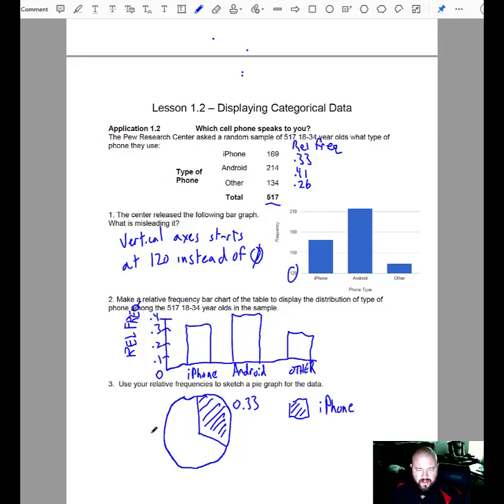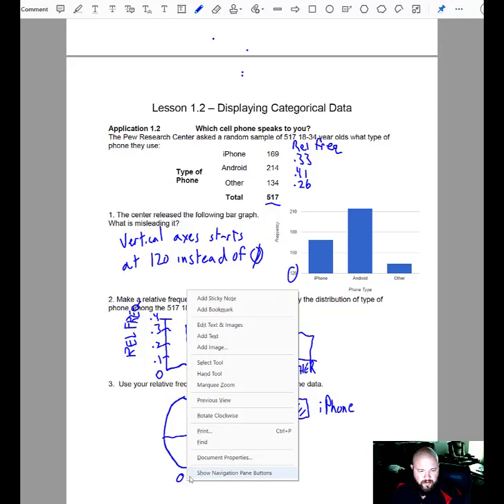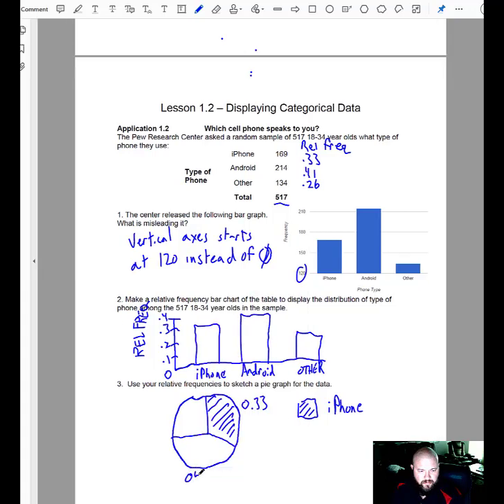Okay. And then, let's see, we got our Androids, those are around 41, so let's make that somewhere around in there. How's that look? We'll just leave that one blank and we'll say 0.41. Okay. So we'll just say a blank is our Android.